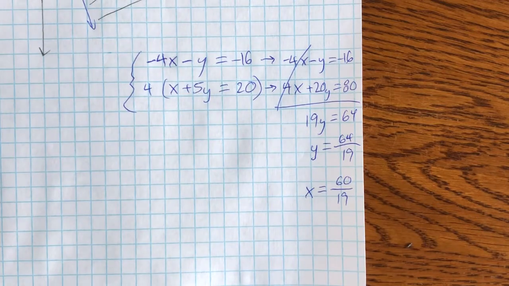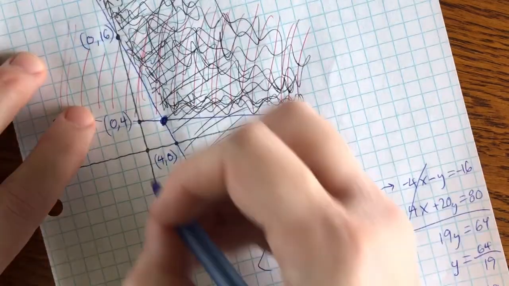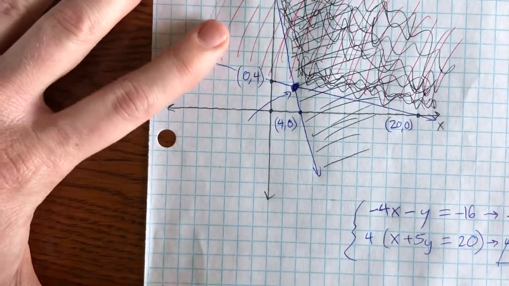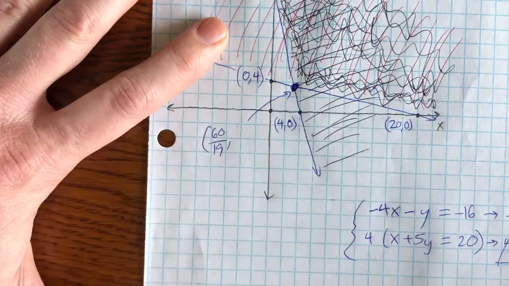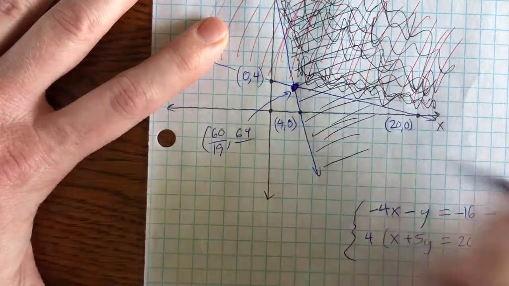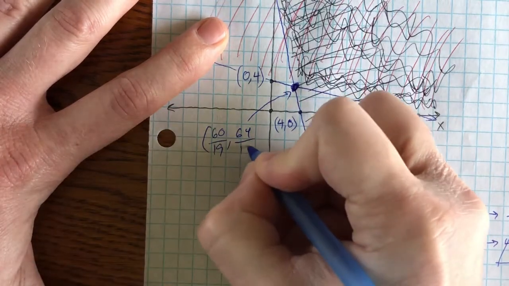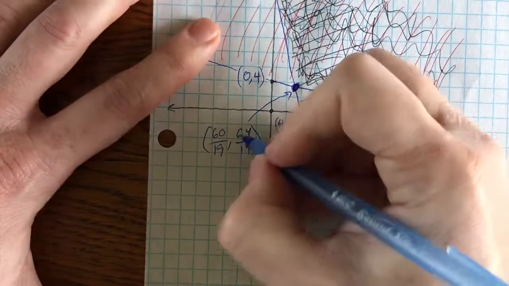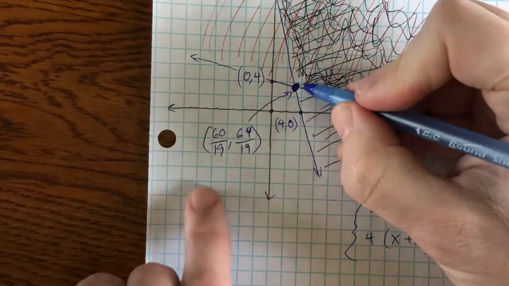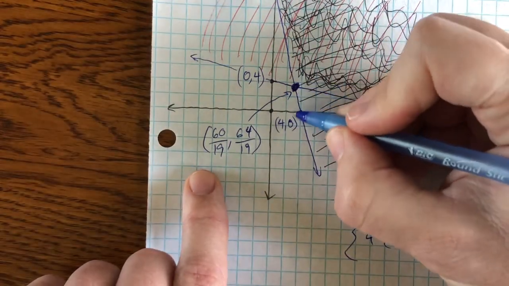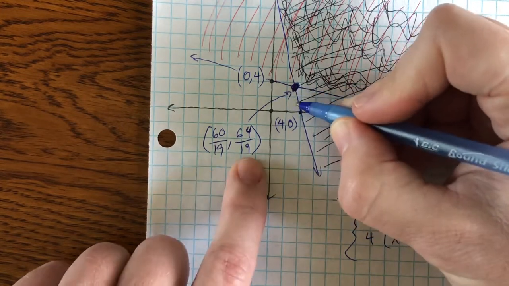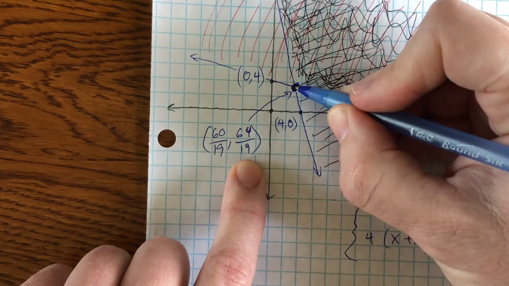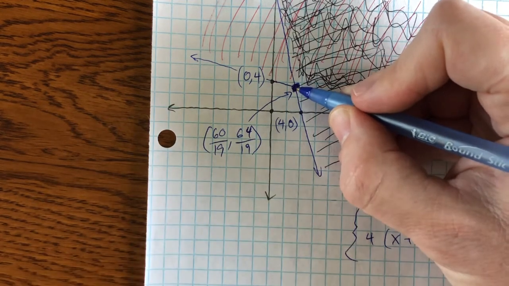So now all you have to do is label this point as (60/19, 64/19). 60 over 19 is about 3.2, which is between 2 and 4. And this is a little bit higher up, so I didn't do a real bad job of graphing these two lines freehand.